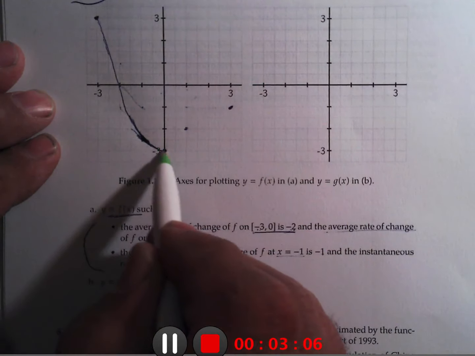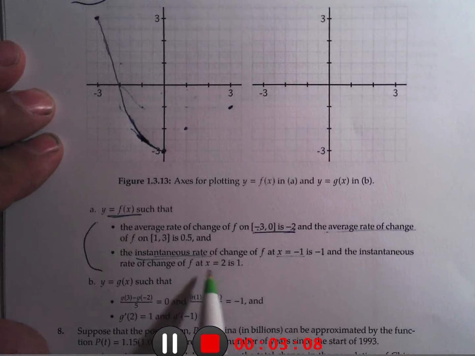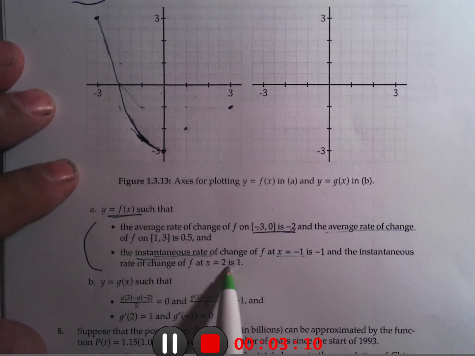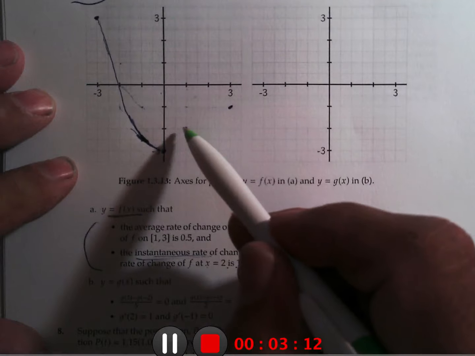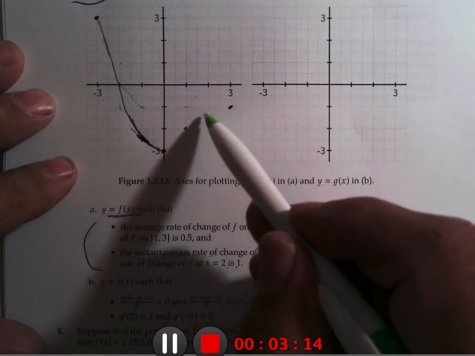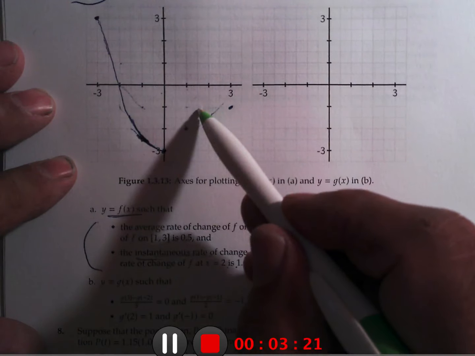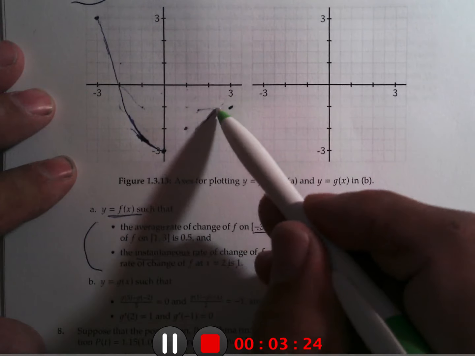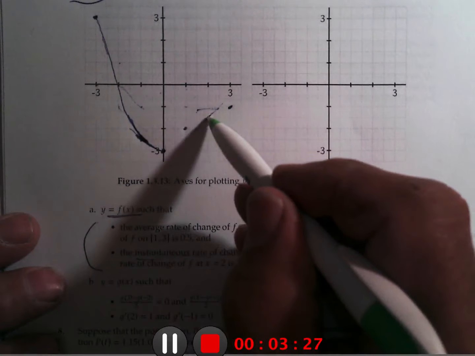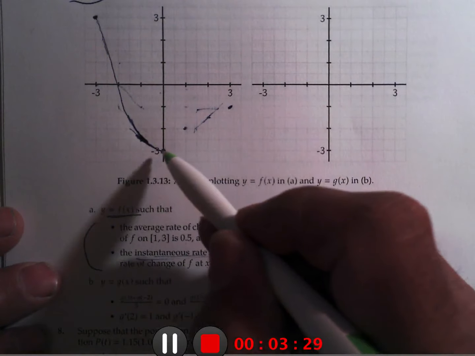And then at 2, it's supposed to be +1 slope. At 2, a +1 slope. That's a slope like that. Up 2 for 2, or up 1 for 1, or whatever. Even. So I could come up to this point.